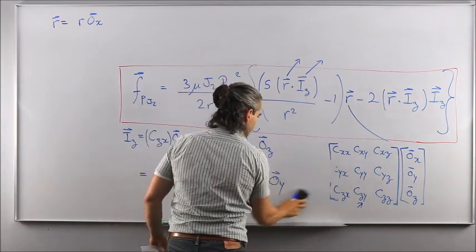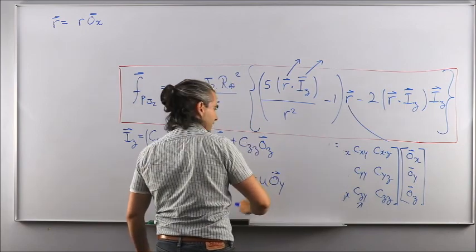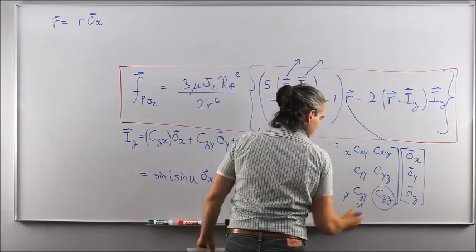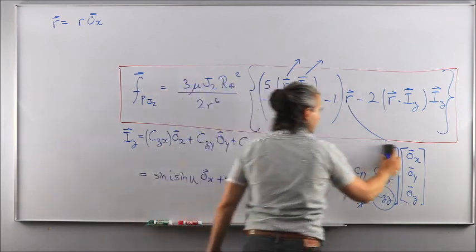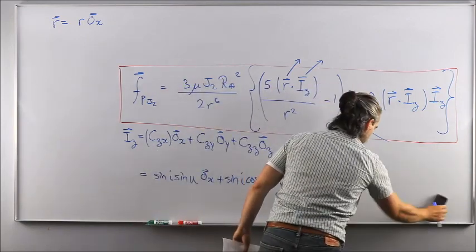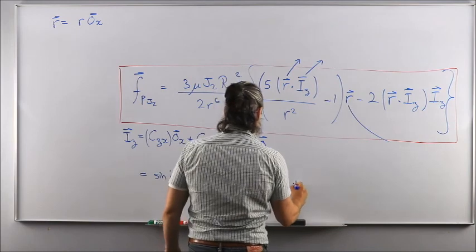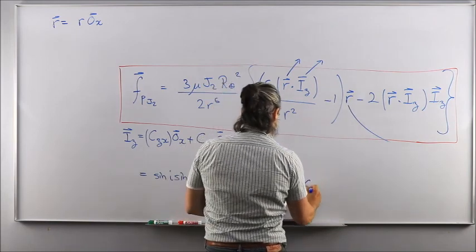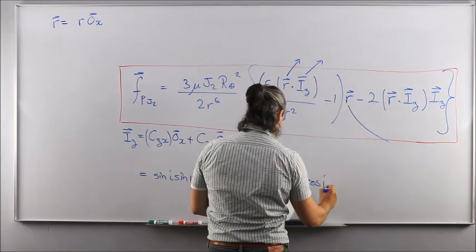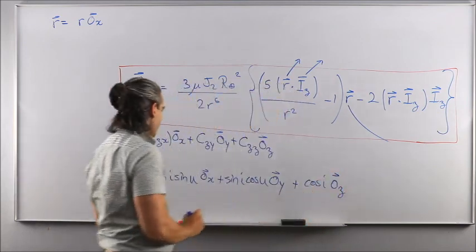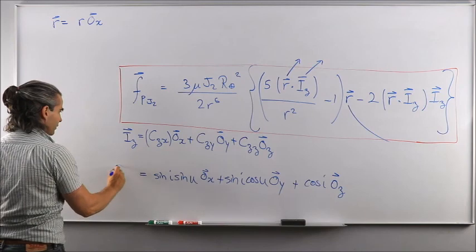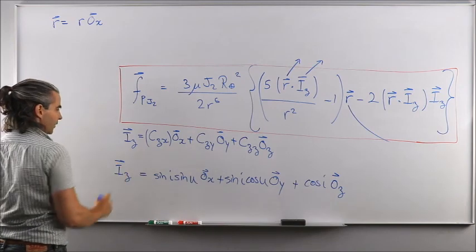And finally, the Z component, or the third row, third column entry of the rotation matrix CIO, you should have obtained cos I times OZ. Okay, like that. And all this is for the IZ unit vector.